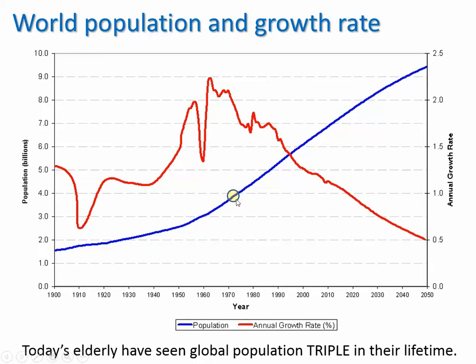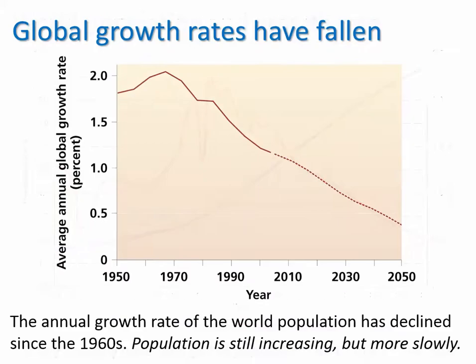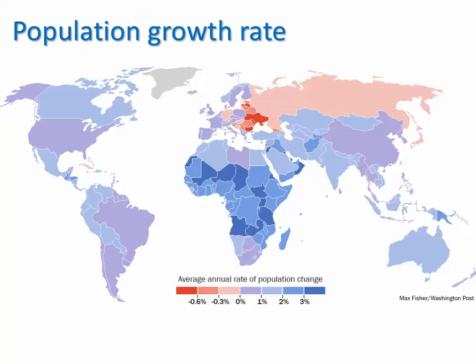I'm not going to quiz you on that inflection point, but we can look at this graph and see that the population growth rate peaked in the 1960s at 2.25%, and since then it's been decreasing. Right now it's about 1%. And it's the same graph saying the same thing.